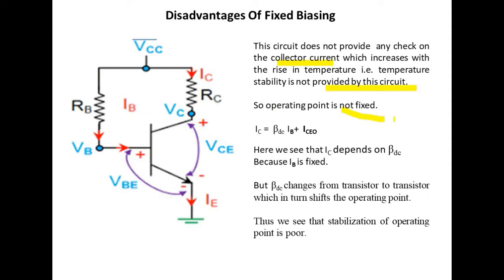So the operating point is not fixed, and we know that IC is equal to beta DC IB plus ICEO. Here we see that IC depends on beta DC because IB is fixed, but beta DC changes from transistor to transistor, which in turn shifts the operating point. Thus we see that stabilization of operating point is poor.